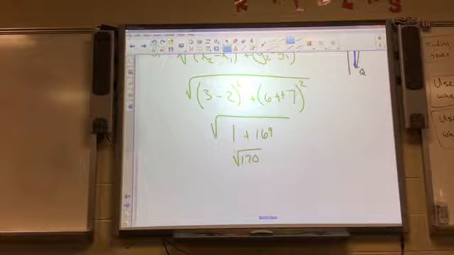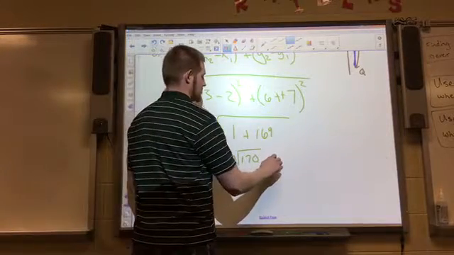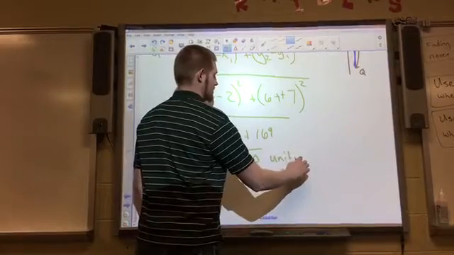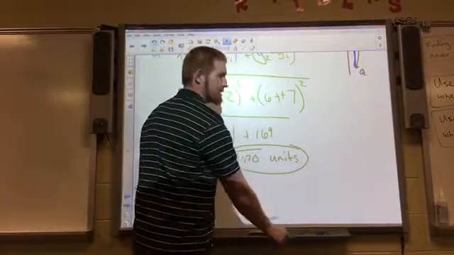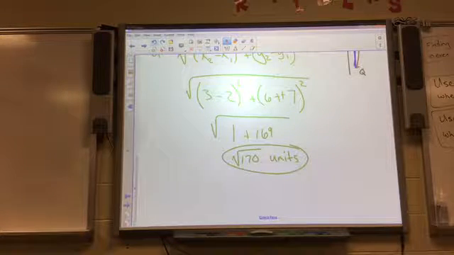I can't think of anything that would go into it. Didn't find anything? Okay. I don't think there is. So it'd be the square root of 170 units, right? Because if I'm finding a distance, I do need a label on that. Because it's a distance. It's how far you are going.